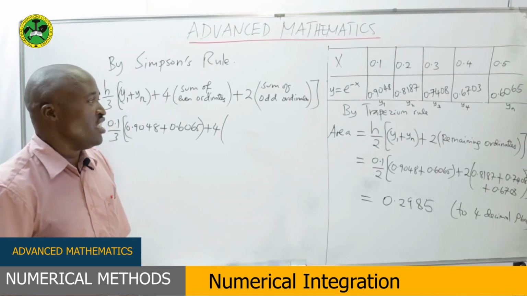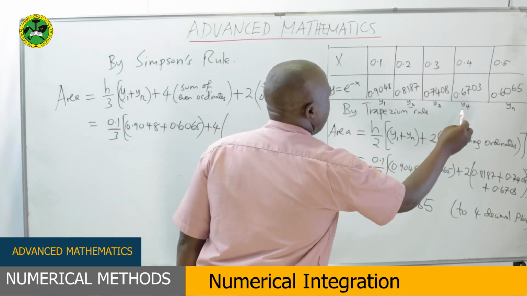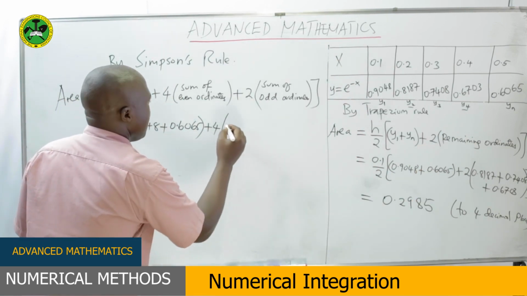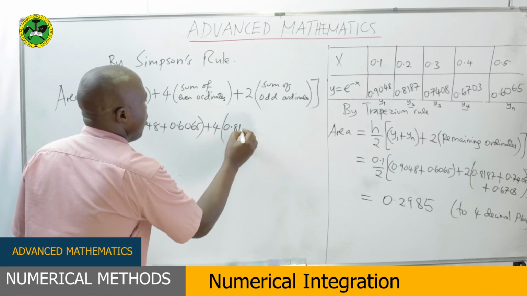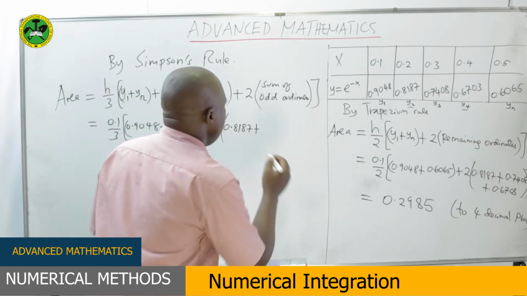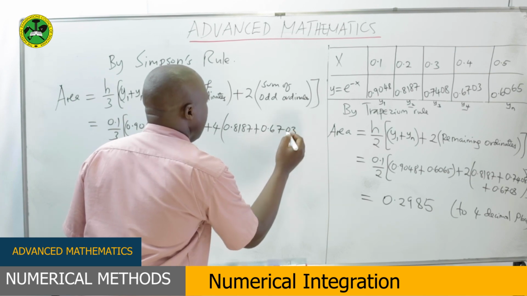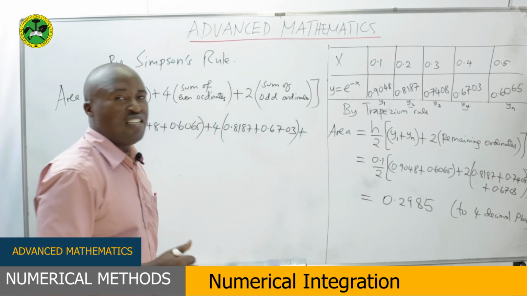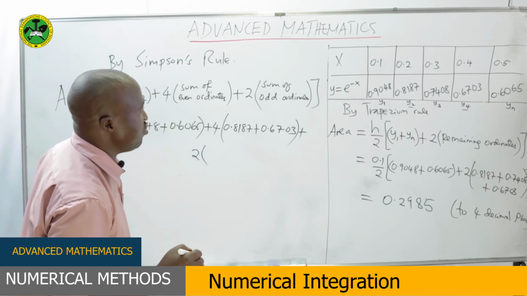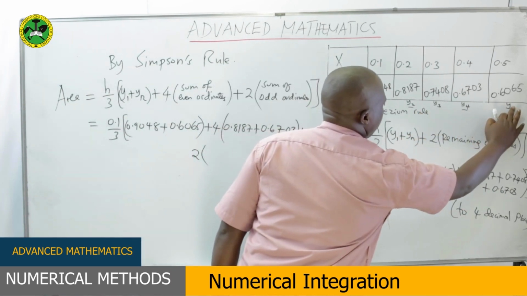Now what are the even ordinates? Here we are just taking the even numbers. We have y2 and y4. So y2 is 0.8187 plus y4, that is 0.6703. Then the last one is twice the sum of odd ordinates. We are having only one, that is y3, because we go up to 5.